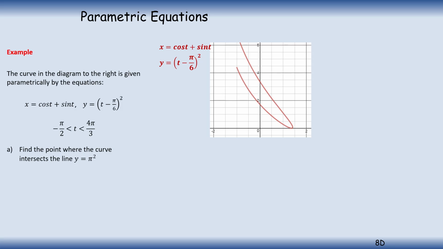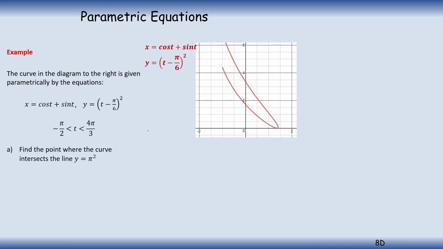So given that, we can find t. Pretty straightforward really. We can equate the equation of the line and the equation for y of the curve. So hit pause, make some notes, sketch the curve, and when you're ready, hit play again, and we'll equate those and find the point.